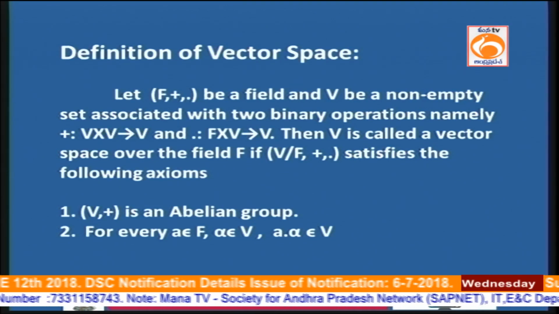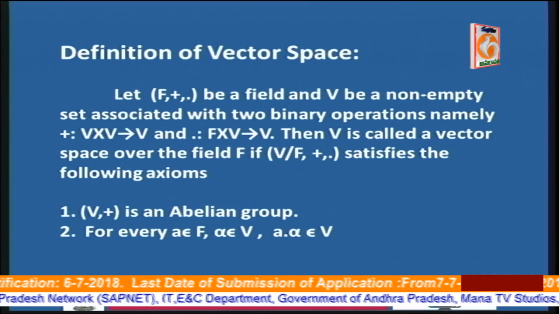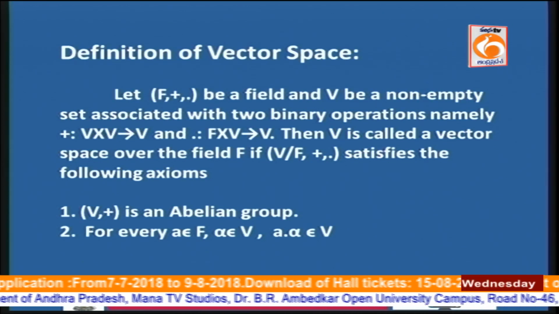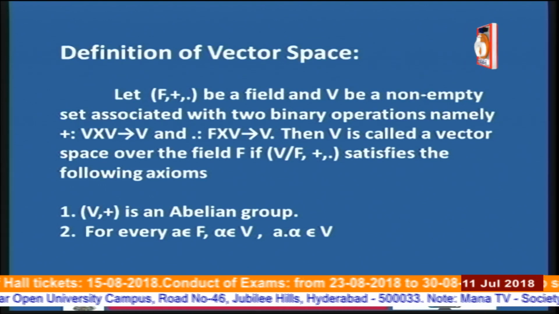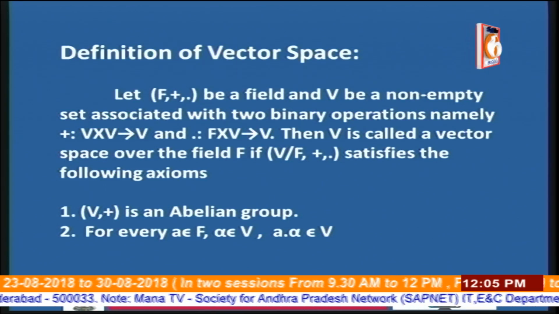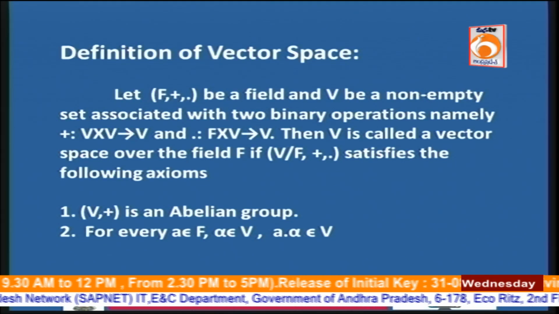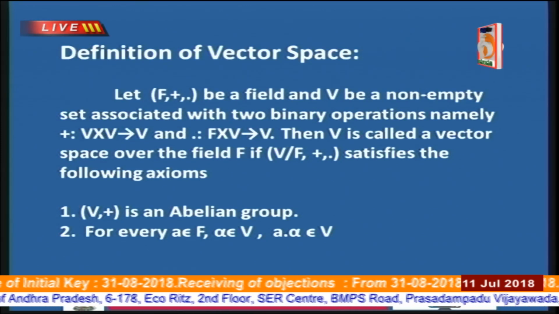Let me repeat once again. What are the entities that we are taking? First, we are considering the field F, next a non-empty set V having two binary operations: plus, which is defined from V cross V to V, and dot, which is defined from F cross V to V. Then the set V over the field F is called a vector space if it satisfies the following axioms.